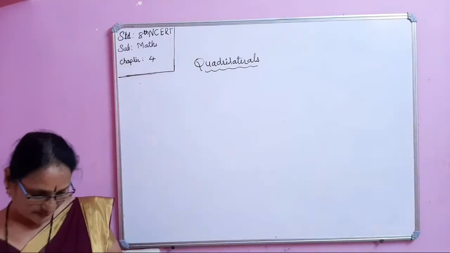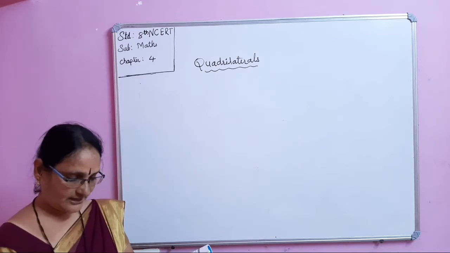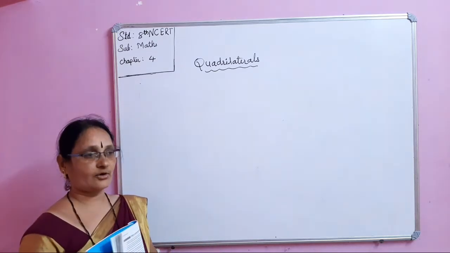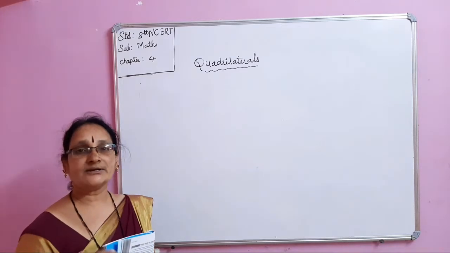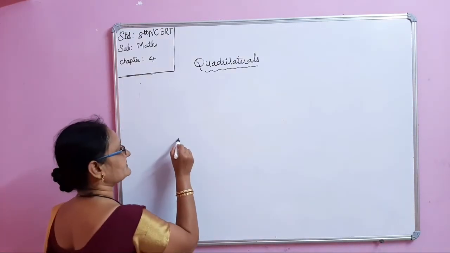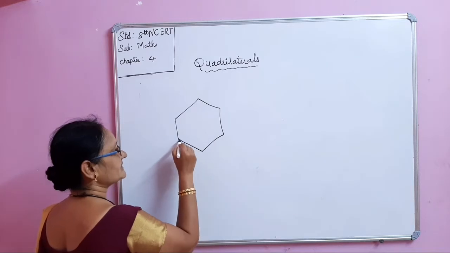Now on that base, a simple closed curve made up of only line segments is called a polygon. Poly means many. Many-sided figures. For example, see here, 1, 2, 3, 4, 5, 6-sided figure.